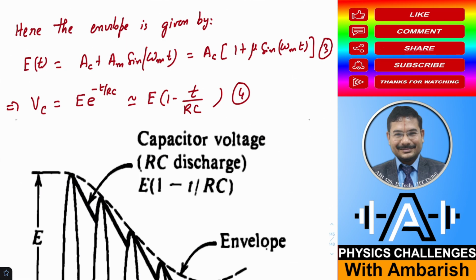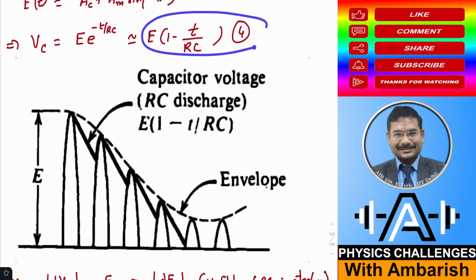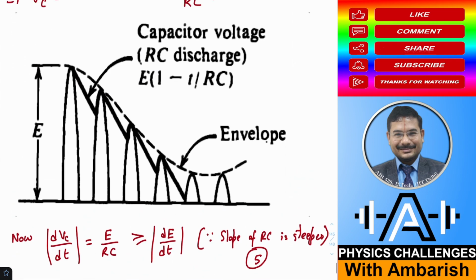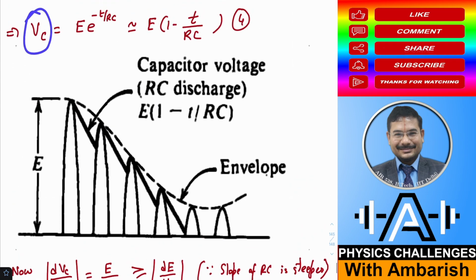So I can always use the approximation expansion of the exponential. So this can be approximately written as E into 1 minus t by RC, right? So I'll be using this expression for this decaying curve, almost a straight line, you can say. I've approximated using a straight line. Okay, so this is your voltage across the capacitor, and then I'll talk about its slope.